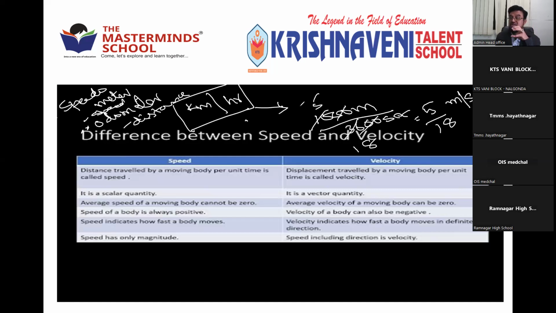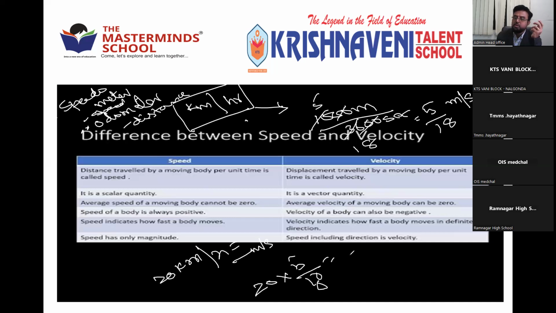It's a very important conversion in solving many problems related to speed or average speed. For example, if 20 kilometer per hour is given and you are asked for meter per second, simply write 20 into 5 by 18, that is 100 by 18 meter per second.